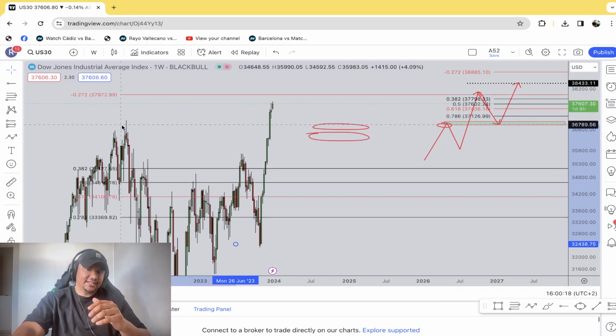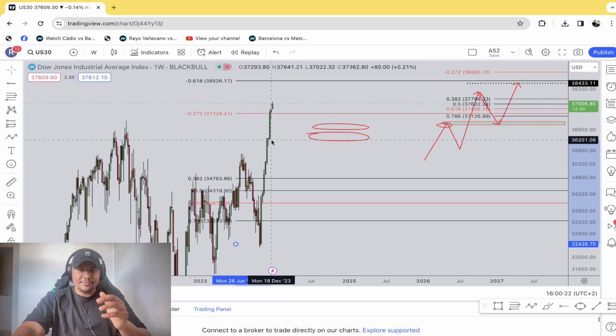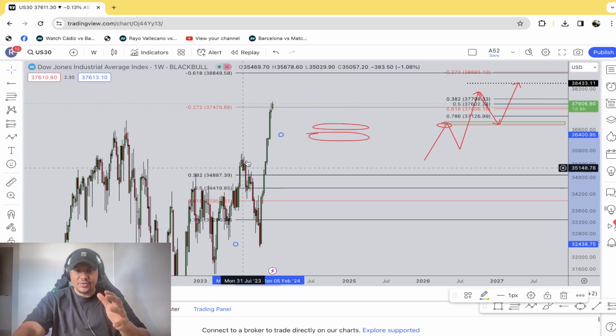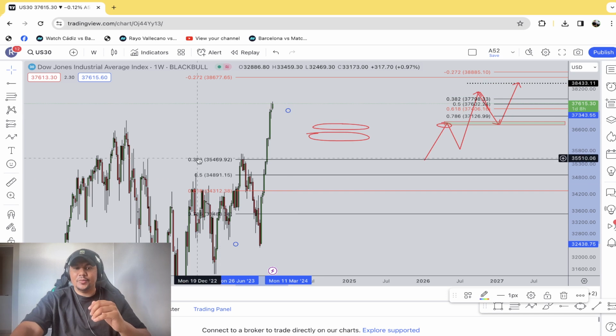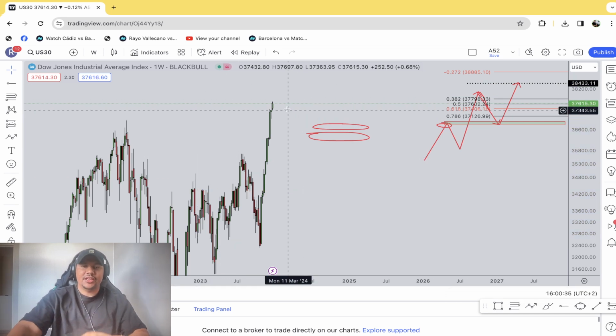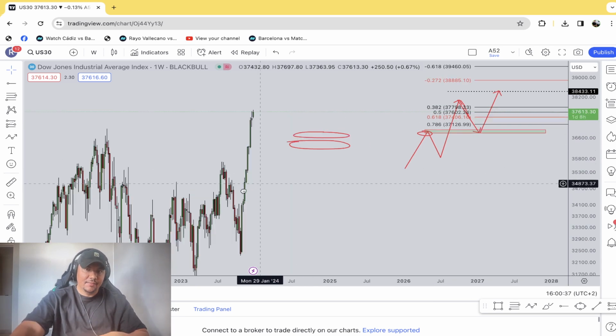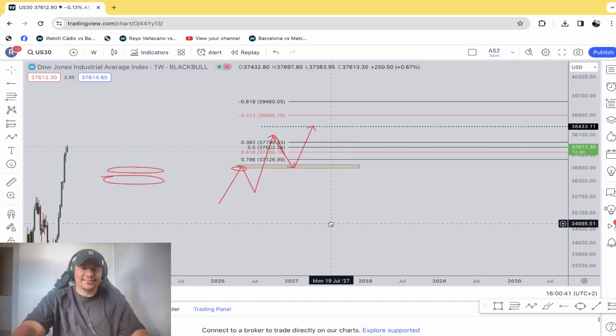That will give you an indication. Sometimes the market hasn't reached the structure yet, so you can definitely expect the market to continue higher until at least the 0.382 is lining up perfectly with that structure, and you can use that as an indication to determine how far the market is going to go higher.